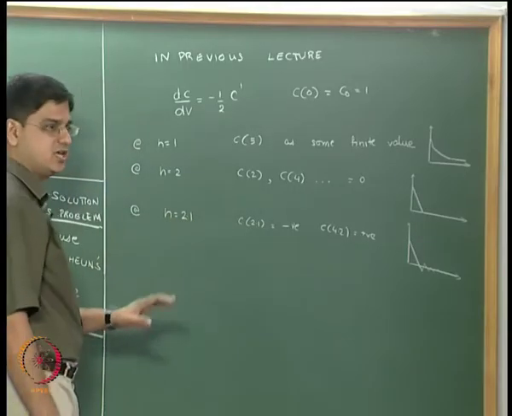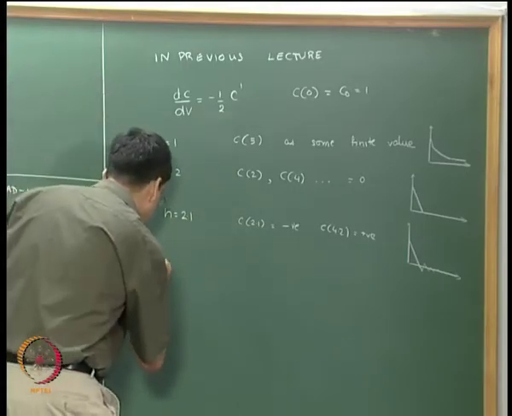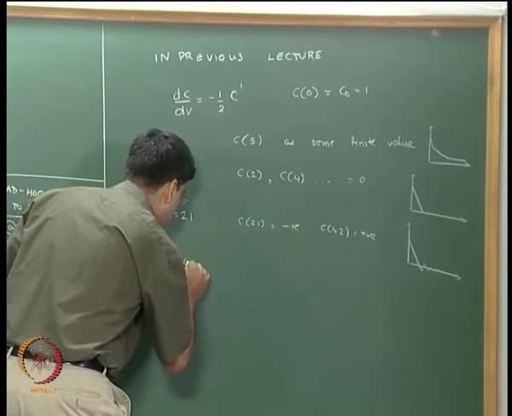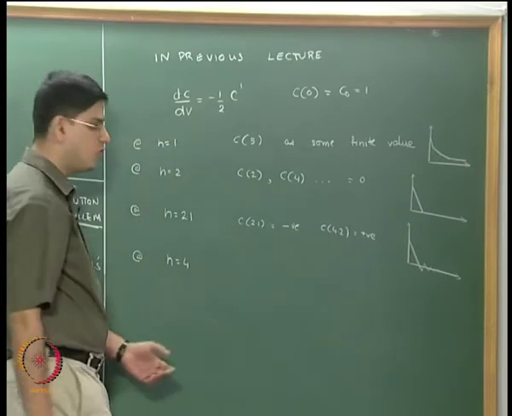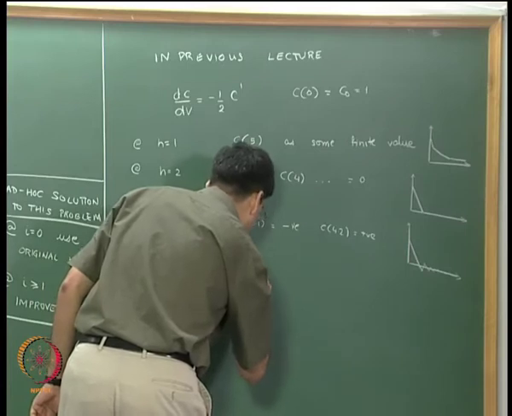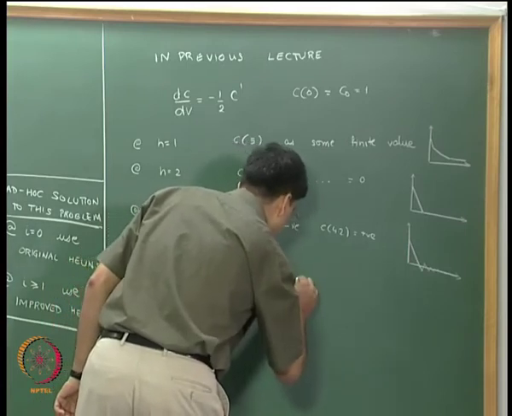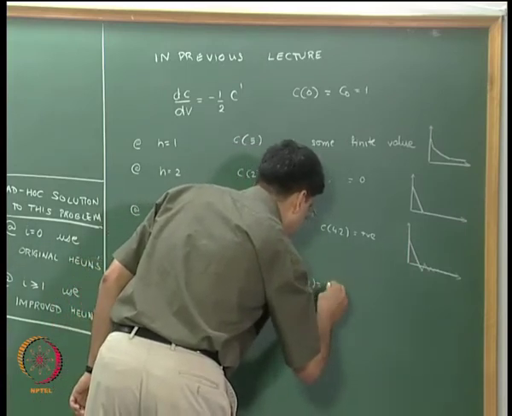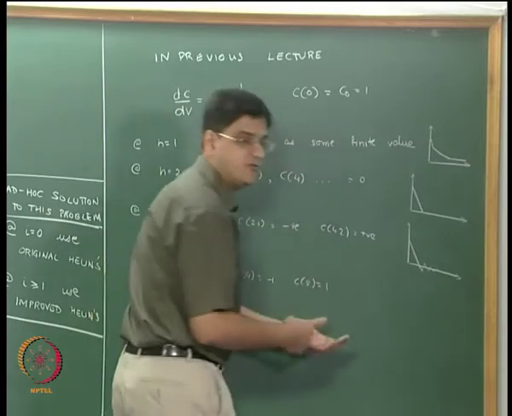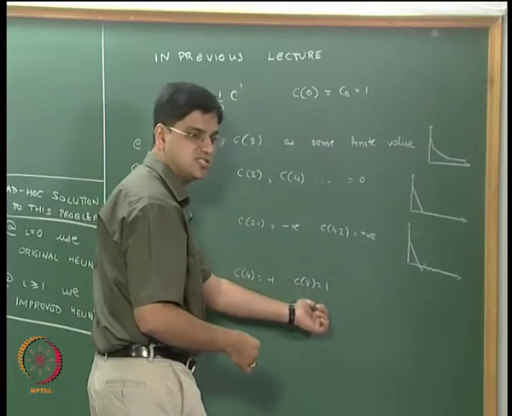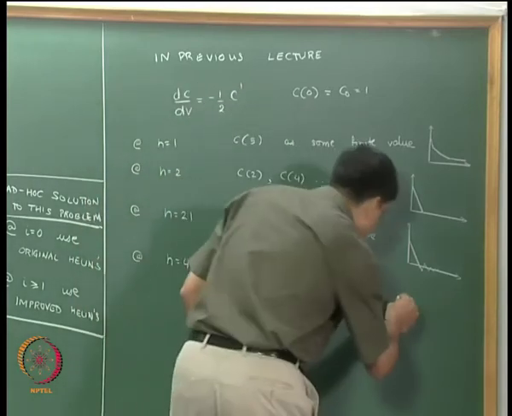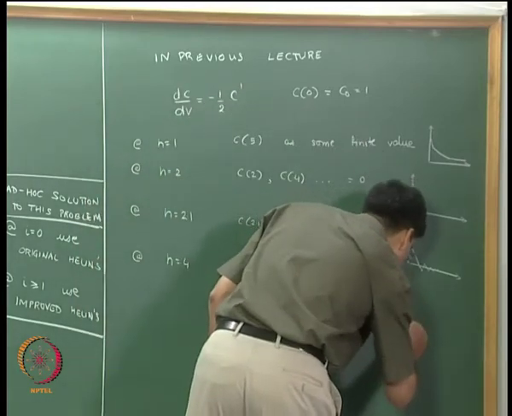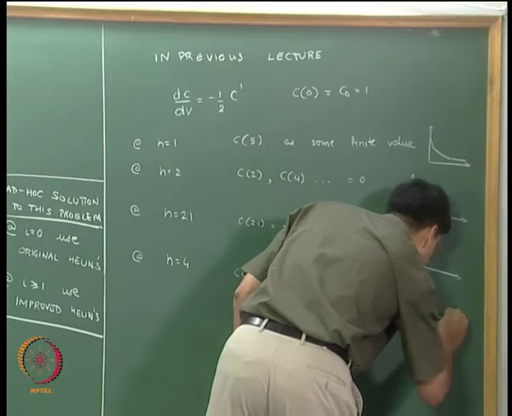Then we increased h further, to h equal to 4. At h equal to 4, we saw C4 equal to minus 1, C8 equal to 1, C12 was minus 1, C16 was 1, and so on and so forth. So what we had observed in that particular case was behavior of this type.